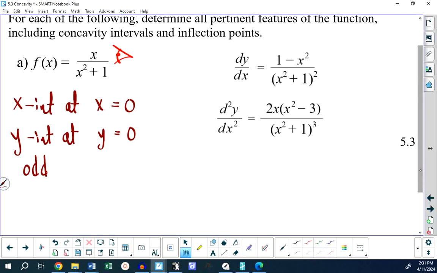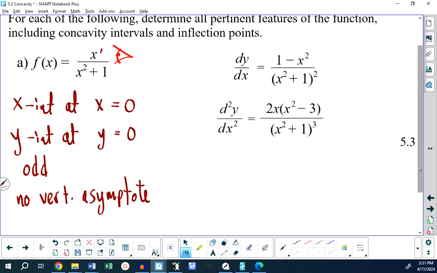Asymptotes. There's no vertical asymptote. And listen, as much as I started off today by reviewing that whole idea that we need to find a limit as x approaches infinity, sometimes it's just useful to look at the degree on the top and the degree on the bottom.